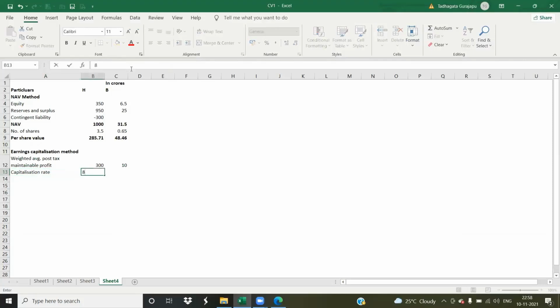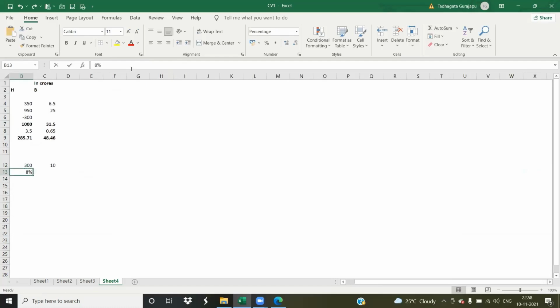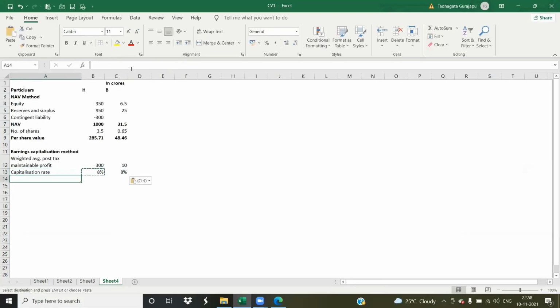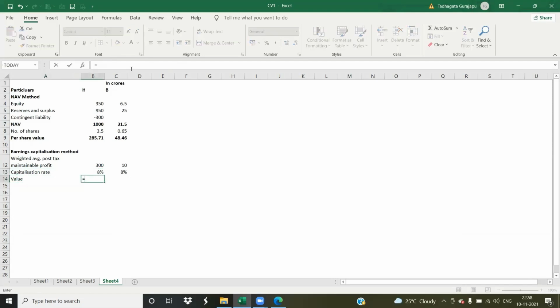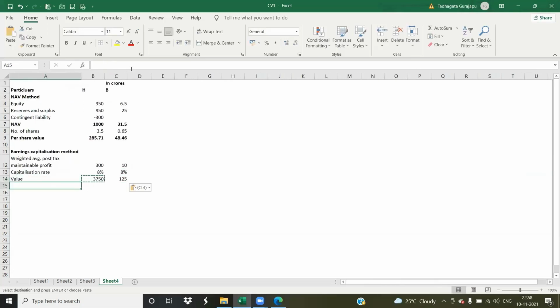Rate 8%, right? So what is the value? 300 by 8% and 10 by 8%.